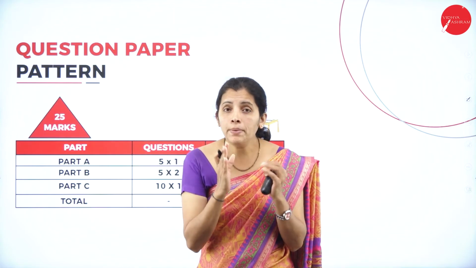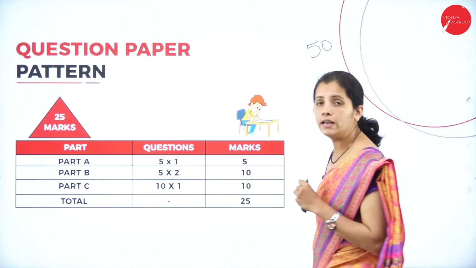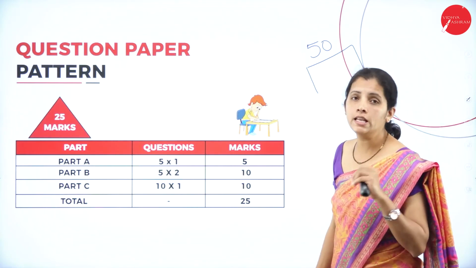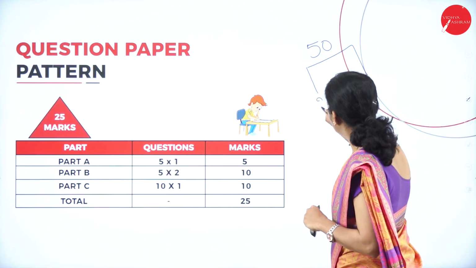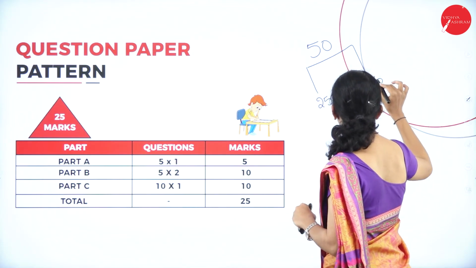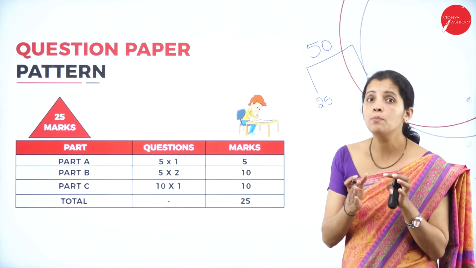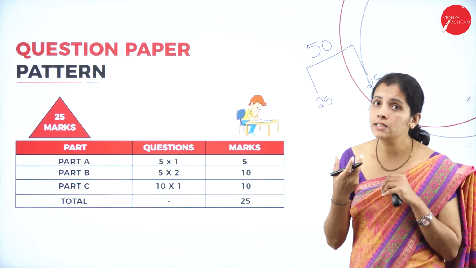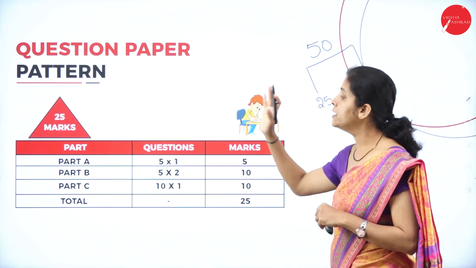So this complete subject carries 50 marks, and these 50 marks are divided into 2 sections, that is the theory section as well as the practical section, and here we get 25 marks and here also 25 marks. That means I'm going to write the theory exam for 25 marks, and the practical exam for 25 marks. So in total it is 50 marks.